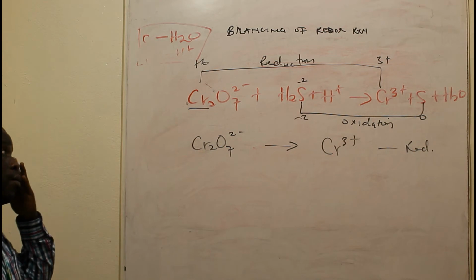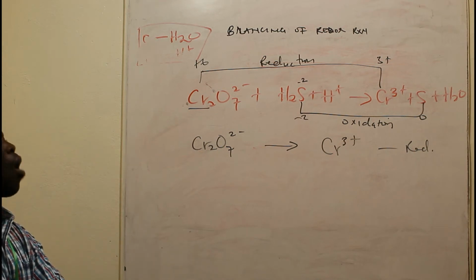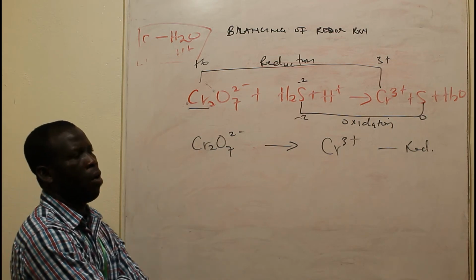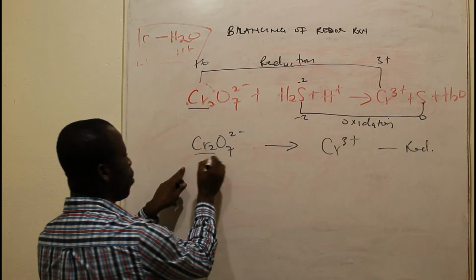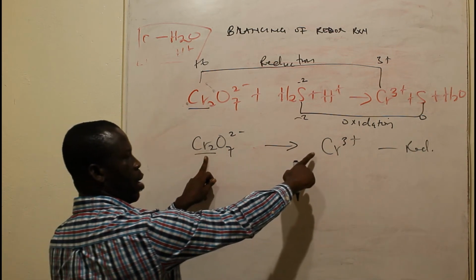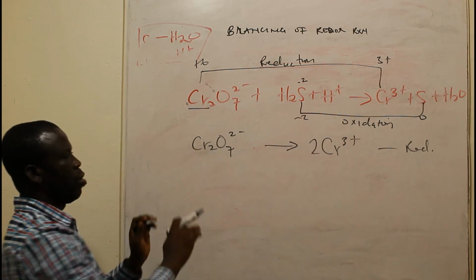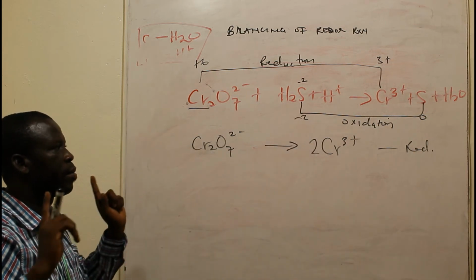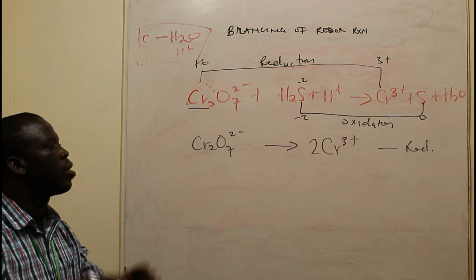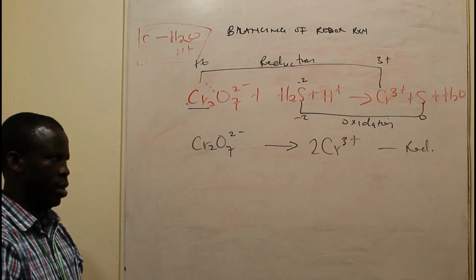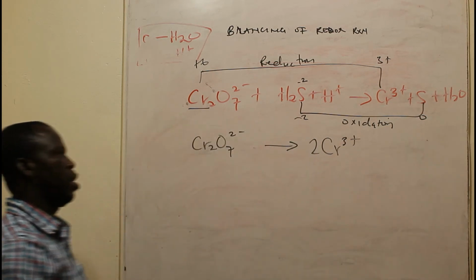Now for the reduction half equation, just balance all atoms with the exception of oxygen and hydrogen. There is one ion of chromium here, so you put 2 here, so that you have balanced all atoms first. Next, in acidic medium, let's balance oxygen and hydrogen.